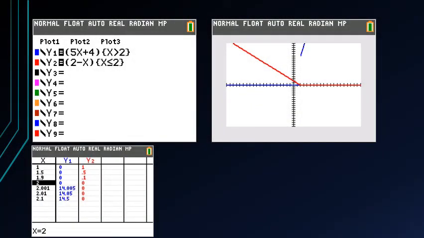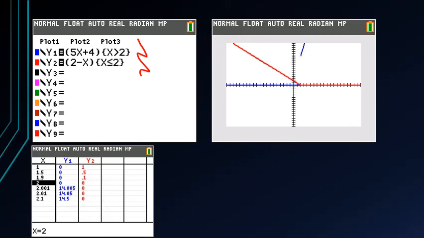And so again, at the bottom of page 26, where we're looking at identifying a point of discontinuity, here you see this is practice 2b. I've graphed the piecewise function f of x equals 5x plus 4 when x is greater than 2, and 2 minus x when x is less than or equal to 2.